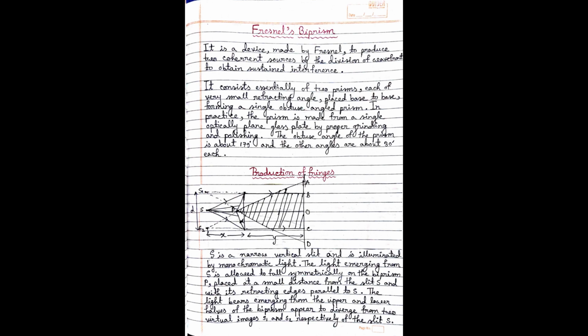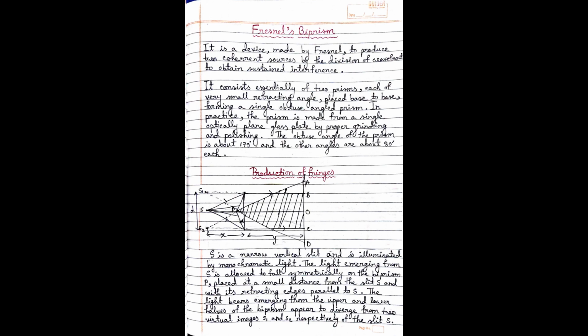S is a narrow vertical slit which is illuminated by monochromatic light. The light emerging from S is allowed to fall symmetrically on the biprism P, placed at a small distance x from the slit S, with its refracting edges parallel to S. The light beams emerging from the upper and the lower halves of the biprism appear to diverge from two vertical images S1 and S2.